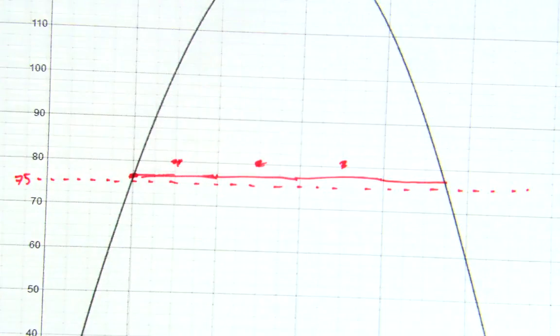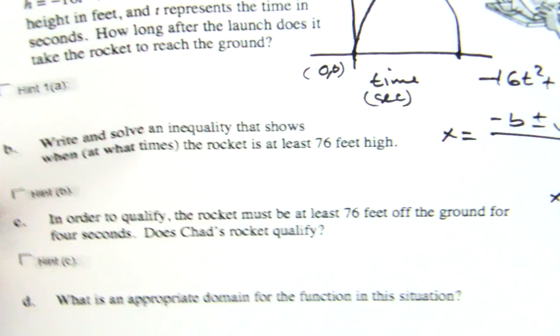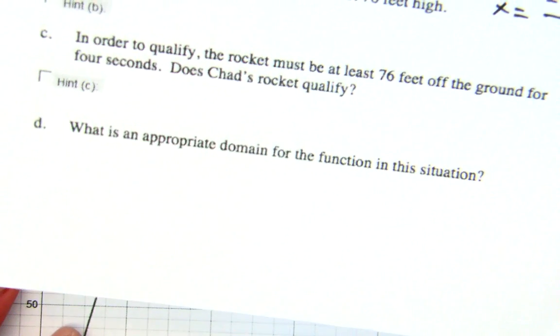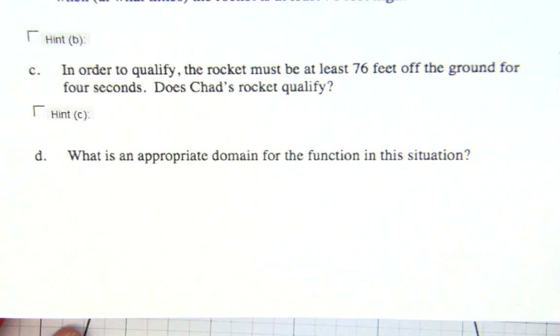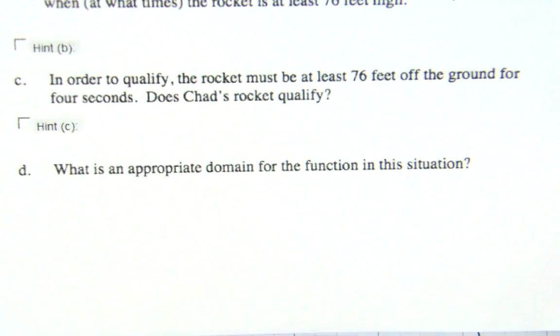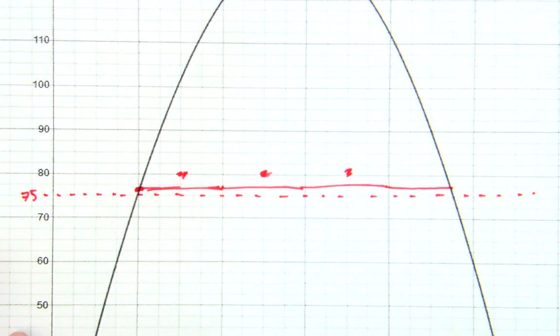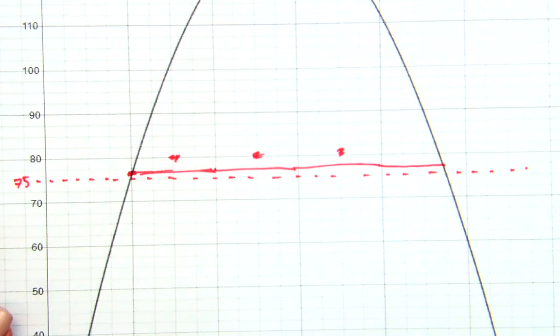All right, and then what's the next one? So what is the appropriate domain for the function in this situation? Well, I guess we're landing somewhere less than 5, so you go from 0 to, I don't know, 6. That should be okay.